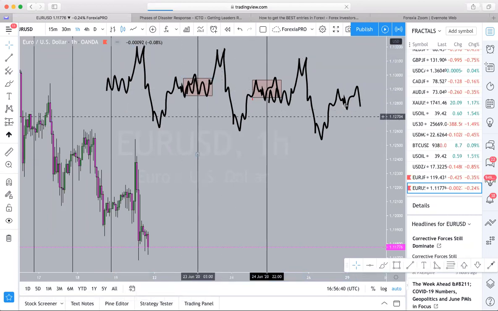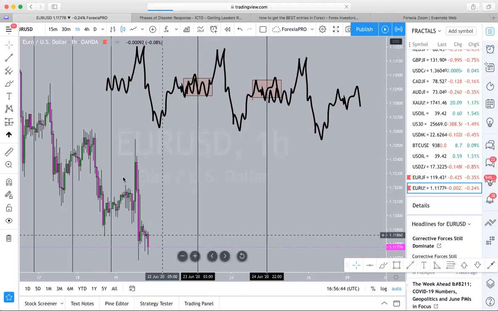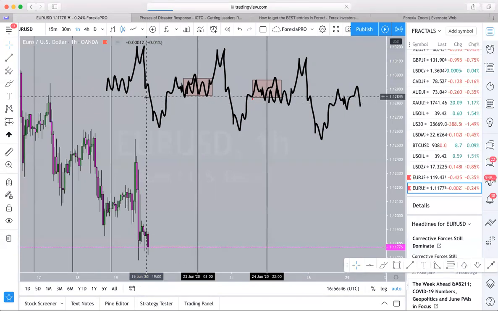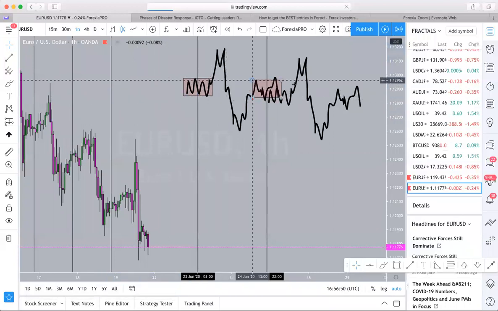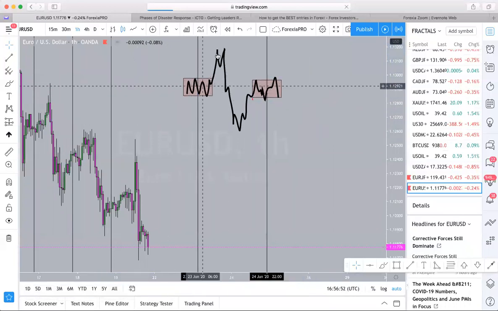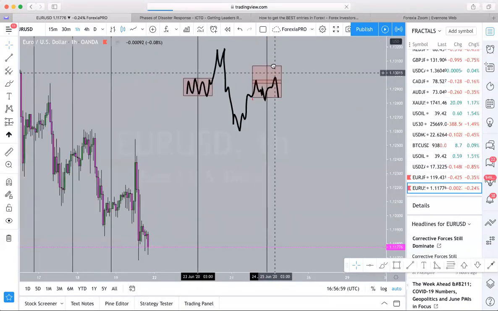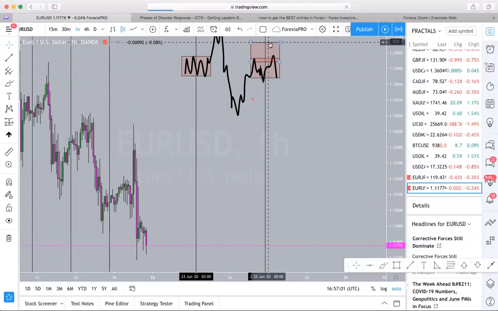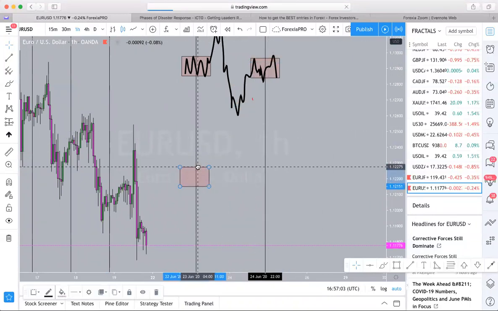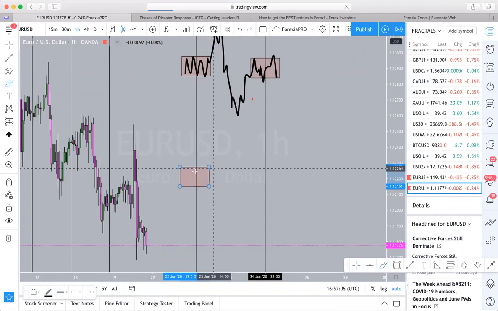But why I'm showing you this is because this is a pattern that has different variations. It's the same characteristics, right, of consolidation, breakout, induction, reversal, yet it has so many different variations.